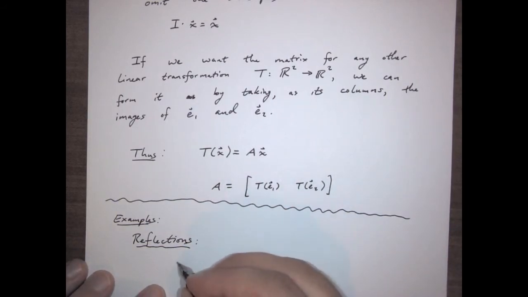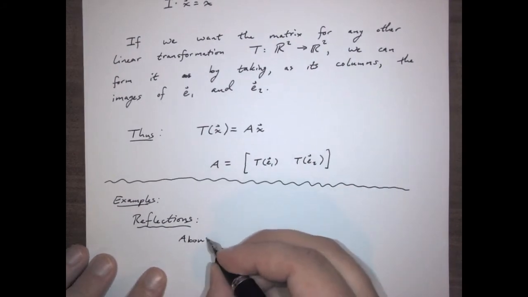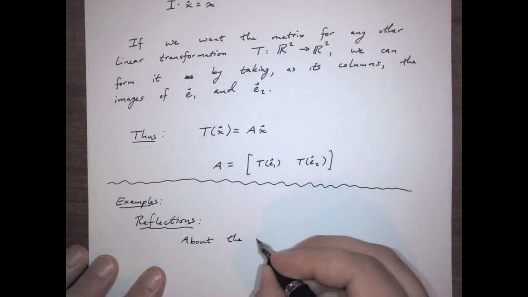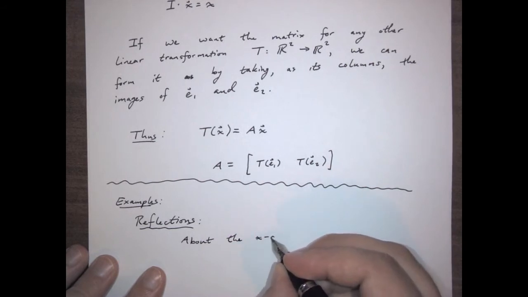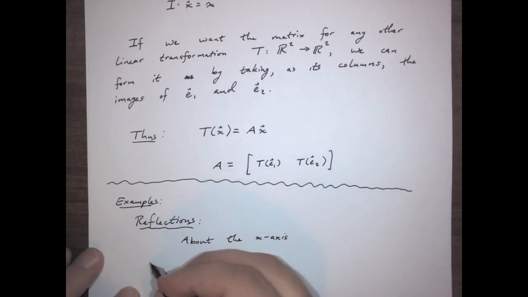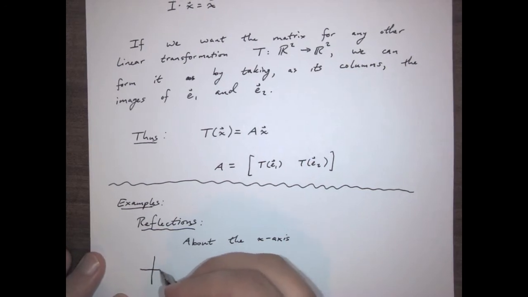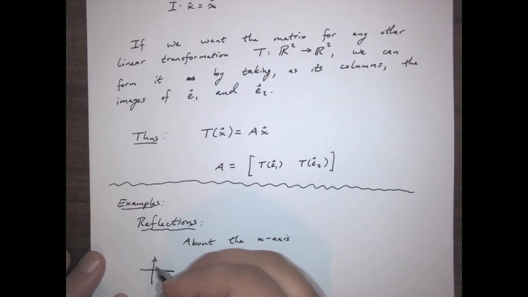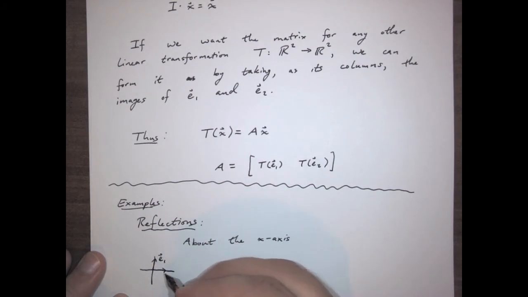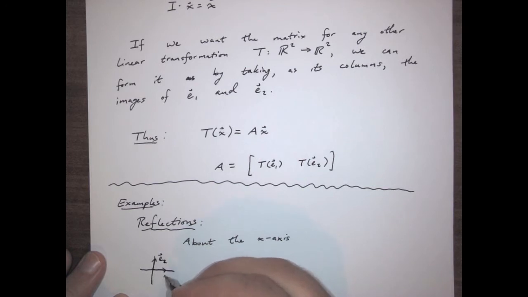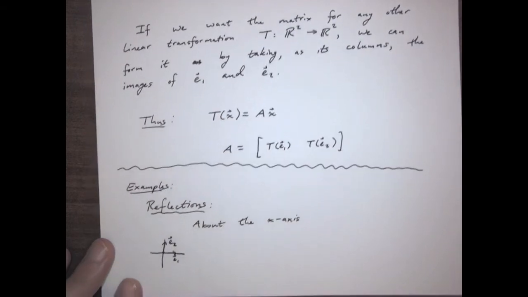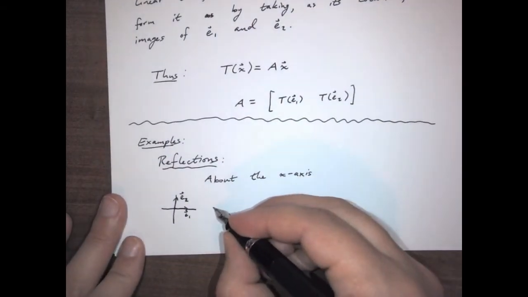So we can do a reflection about, for example, the x-axis. So this is, by the way, E1, and sorry, that's E2, and this is E1. So E2 and E1 are just pointing along the axes to start off with.